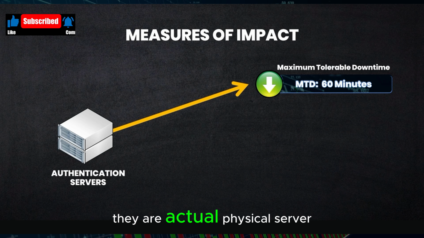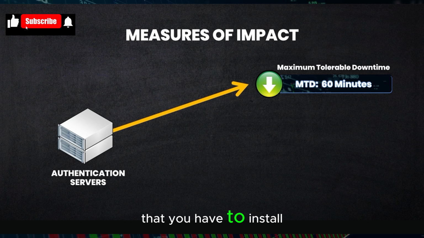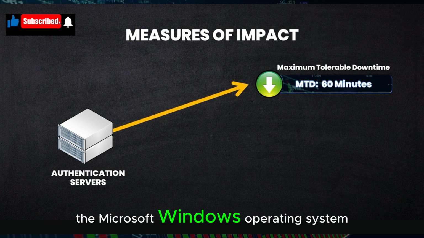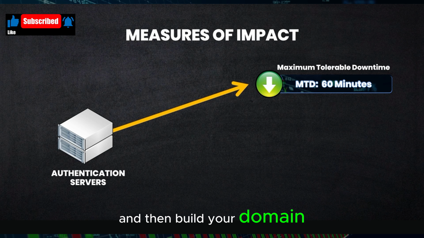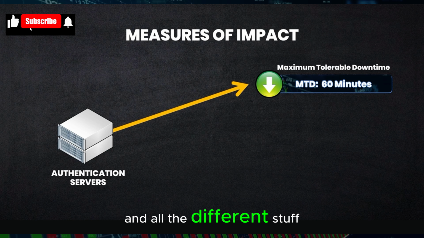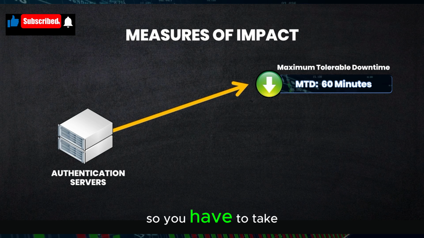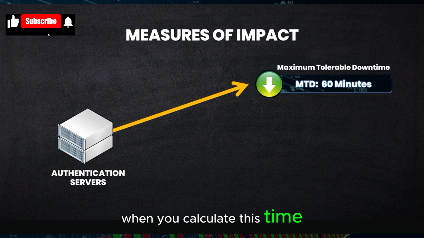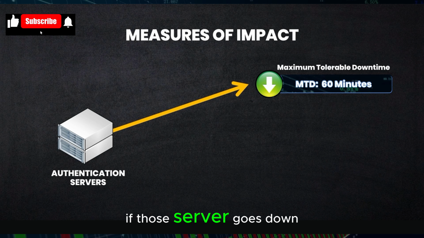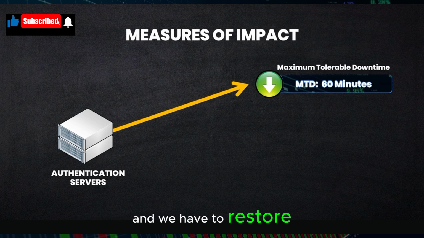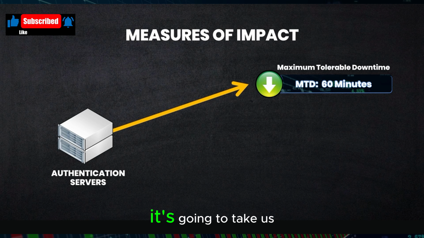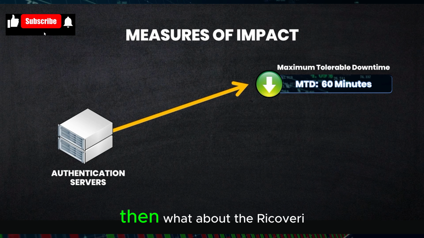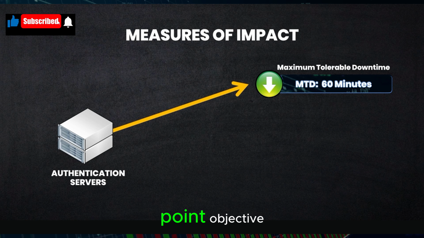They are actual physical servers that you have to install the Microsoft Windows operating system on and then build your domain controller and all the different stuff. So you have to take all of that into account when you calculate this time. For argument's sake, let's say our recovery time objective is 30 minutes. If those servers go down and we have to restore them back to operational state, it's going to take us 30 minutes.